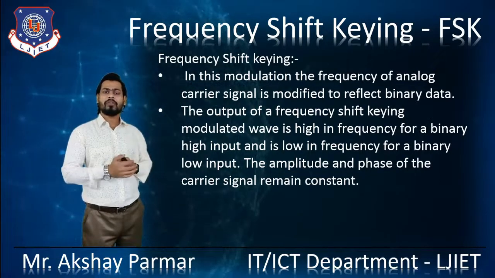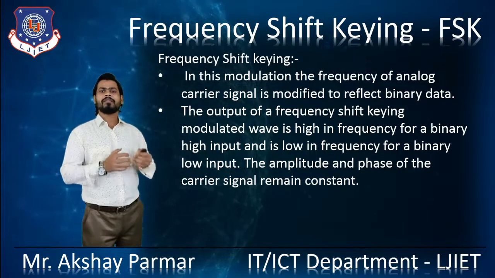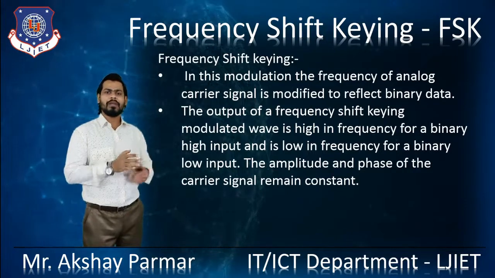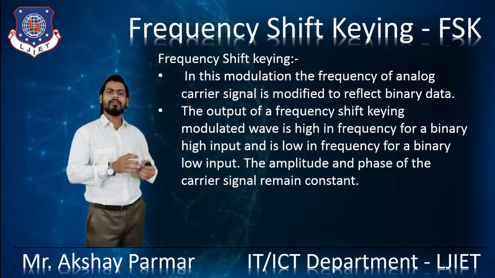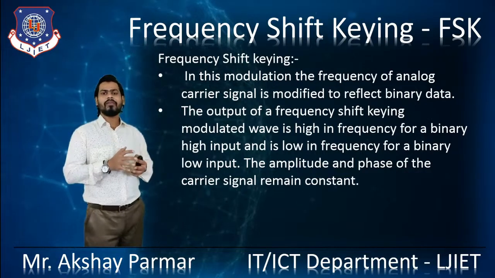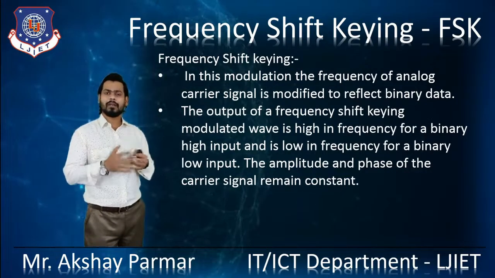The output modulated wave is high in frequency for the binary high input and low in frequency for the binary low input. The amplitude and the phase of the carrier signal remain constant, right?